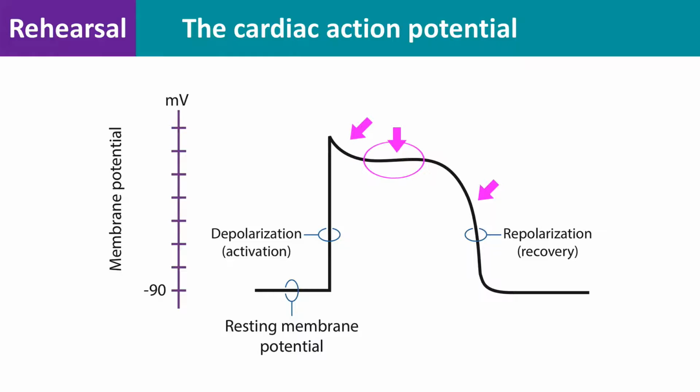And then comes the plateau phase, during which the membrane potential is virtually unchanged. The final and complete repolarization occurs during this phase, which is the rapid repolarization. After the rapid repolarization has been completed, the cell can be stimulated again.